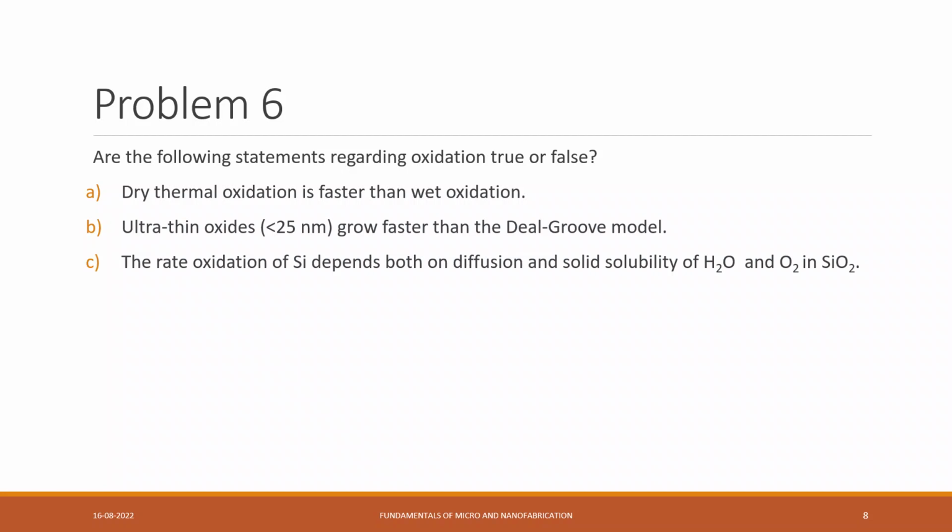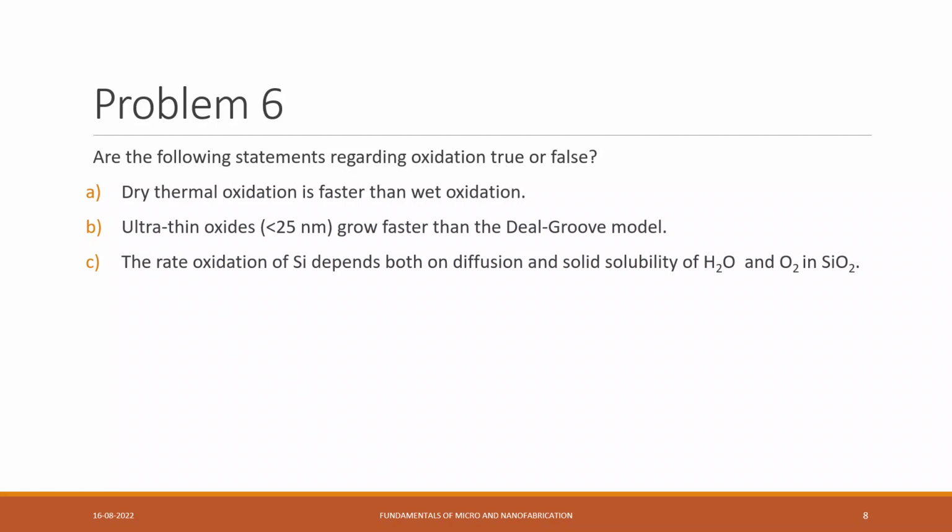Okay, first one. Anybody? Any guesses? Dry thermal oxidation is faster than wet oxidation. No, the first statement is true or false.